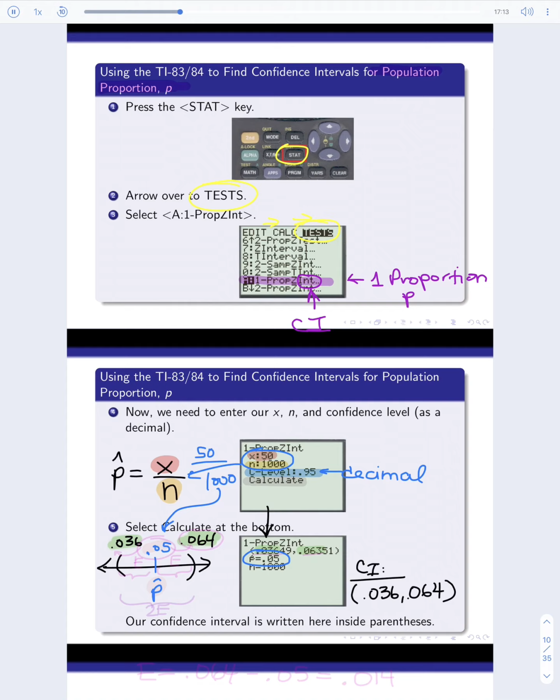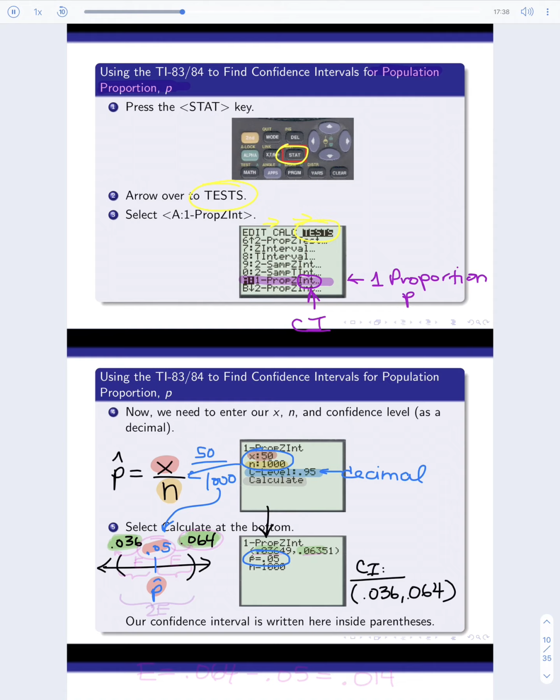And you could find the p hat because it has to be in the middle of your two values you already have. It has to be in the middle of the 0.036 and 0.064. So for it to be in the middle, you'd have to add those up and divide by 2, average them, and you will get the 0.05 for your p hat.